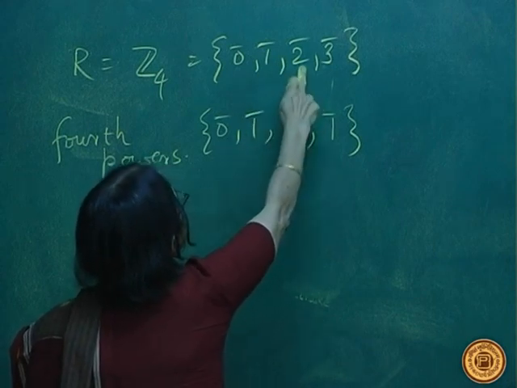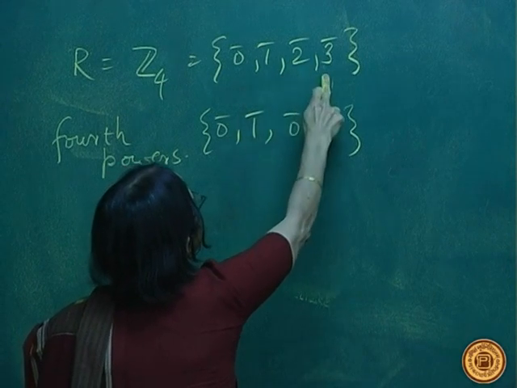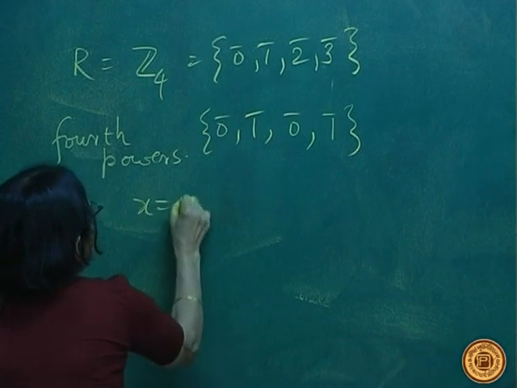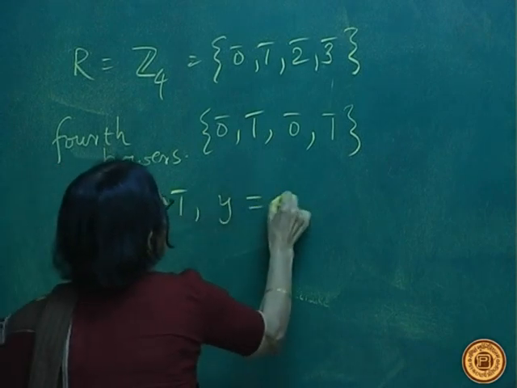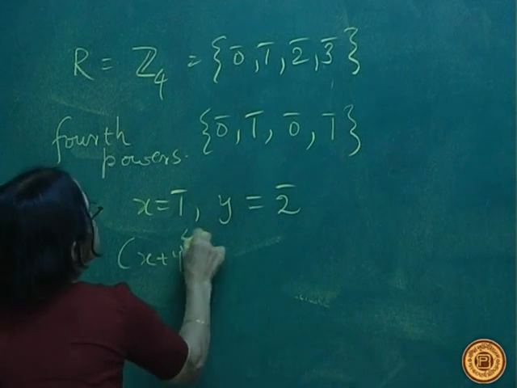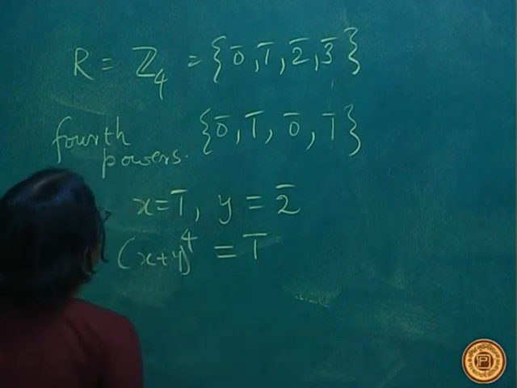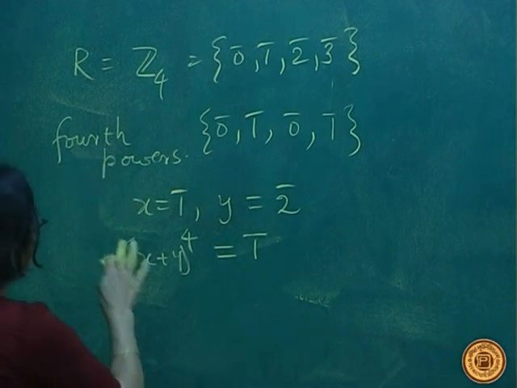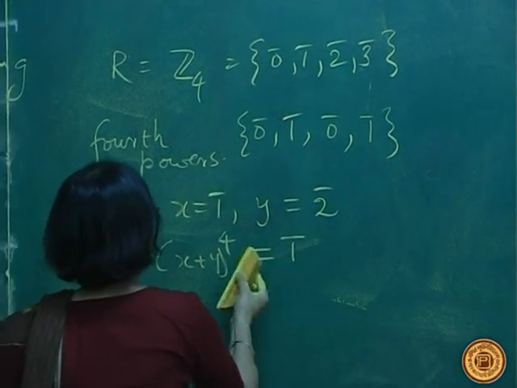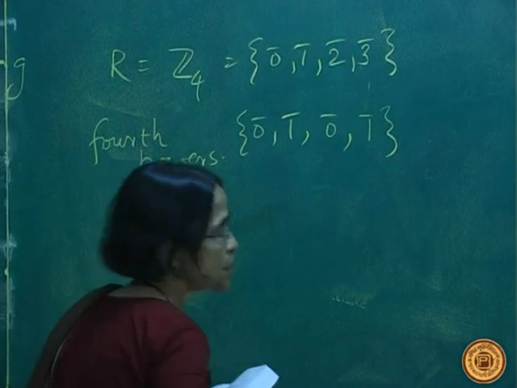Yes, because if x is equal to 1 and y is equal to 2, then (x + y)^4 will be equal to 1, and okay, this doesn't work. This satisfies the law. This satisfies what we want, so this is not good for us.